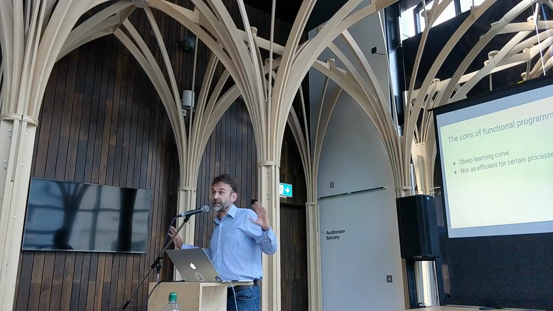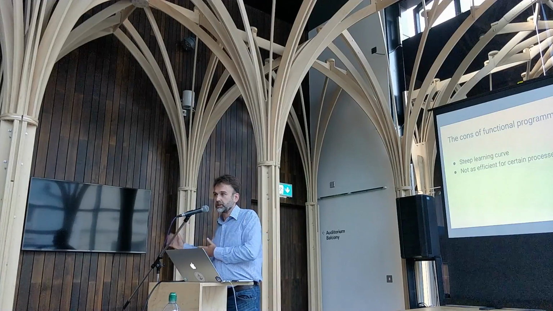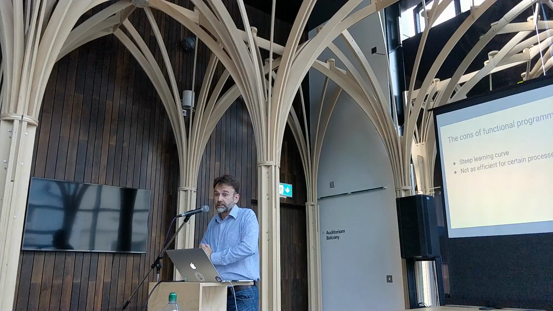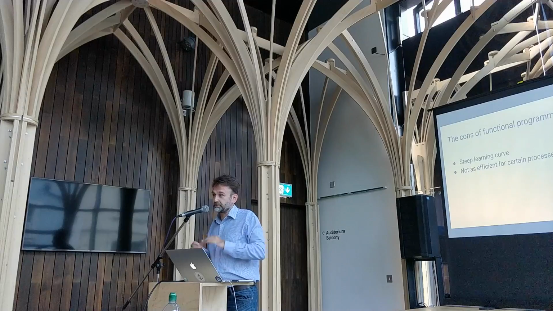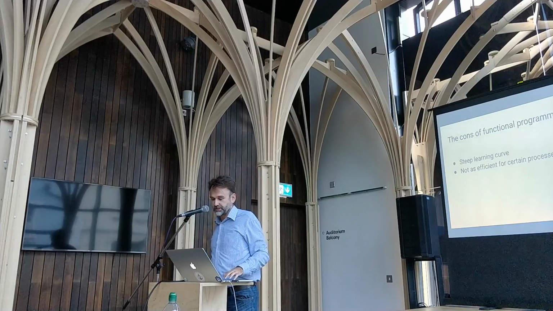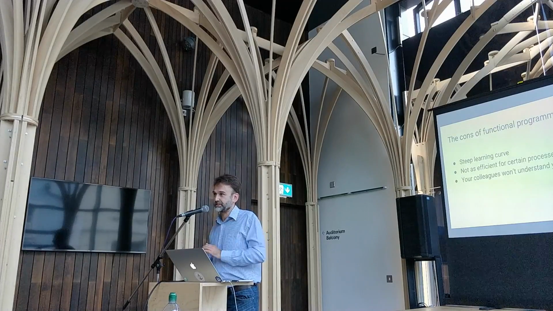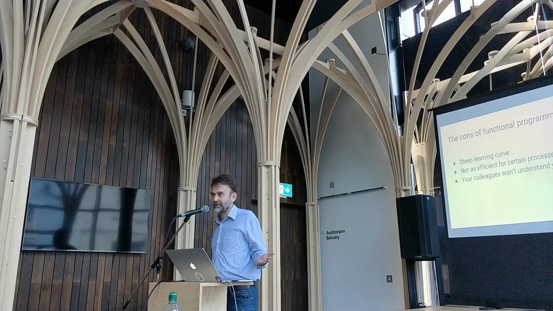But I'm talking like millions of numbers long, which like web applications and things normally isn't the case. And even then, some of the clever compilers means that you won't notice a difference anyway. Oh, and I said in the last one that your colleagues will understand your code a lot more because it's easier to reason about, but if they don't know functional programming, they'll be like, what are you doing? What is this witchcraft?